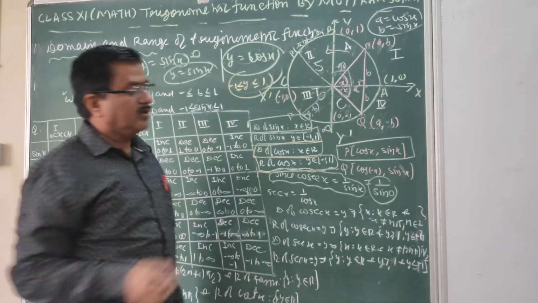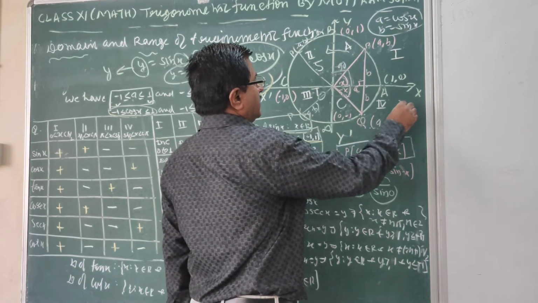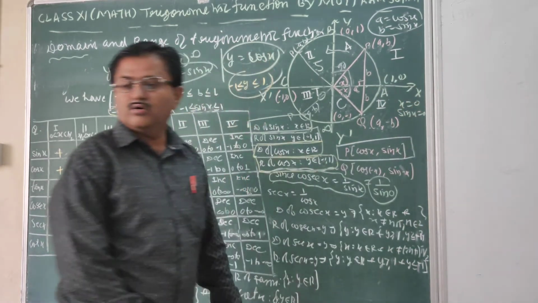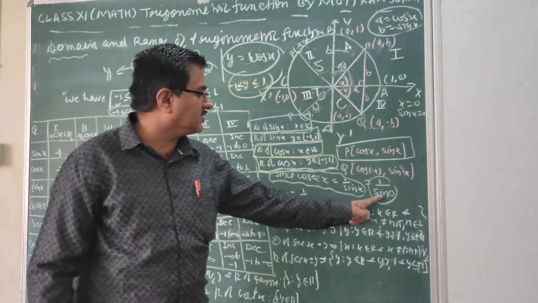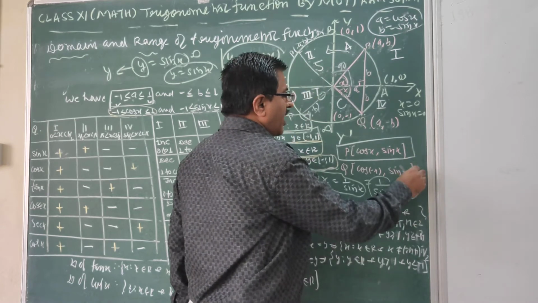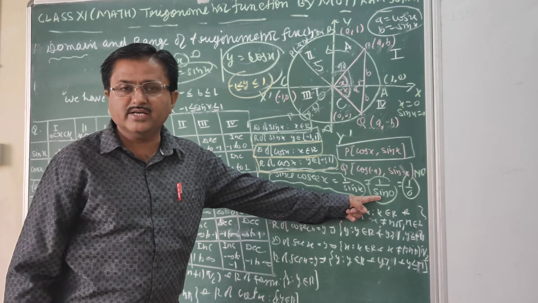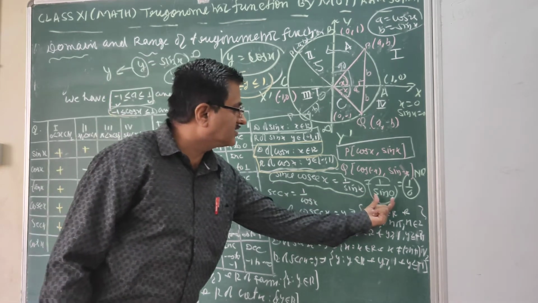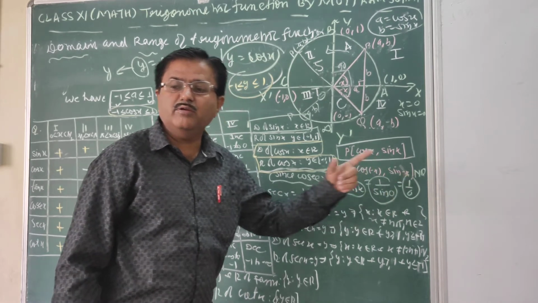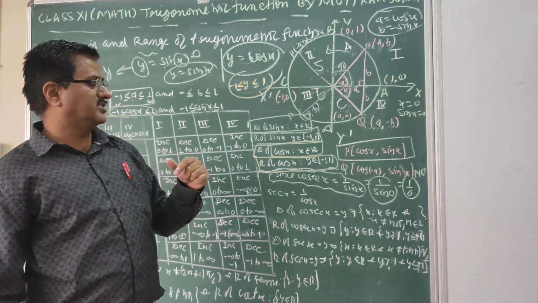But if we take x equal to 0, then sin x is 0. So sin x is 0, it means 1 upon 0, which is not defined. 1 upon sin x, if we put x equal to 0, that is sin 0, that is 0, and 1 upon 0. 1 divided by 0 is not possible, it does not exist.